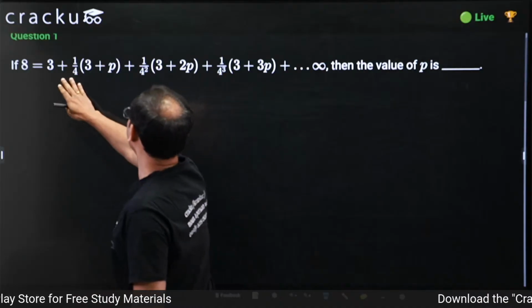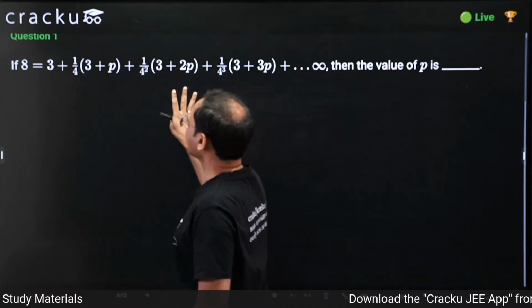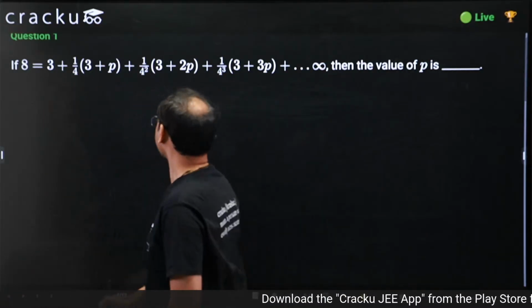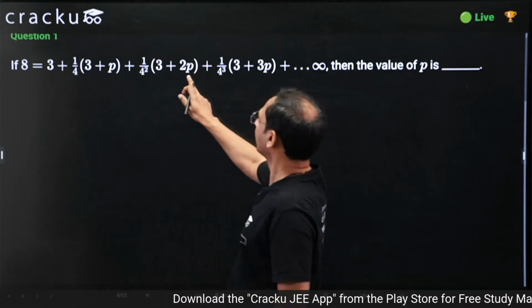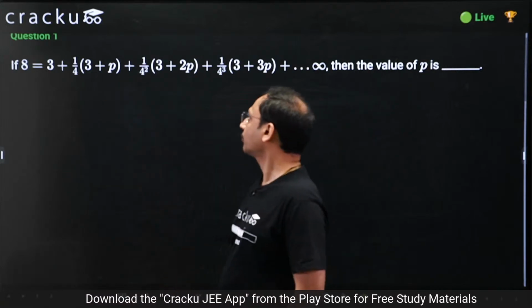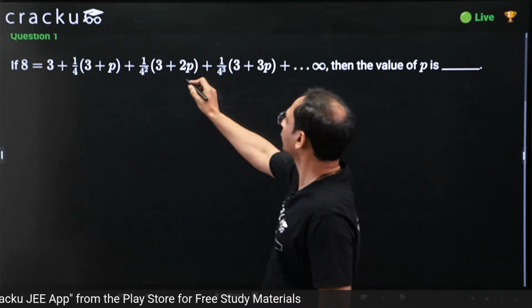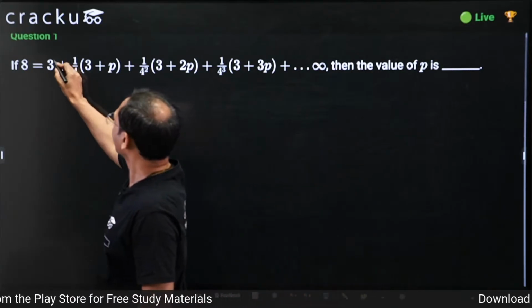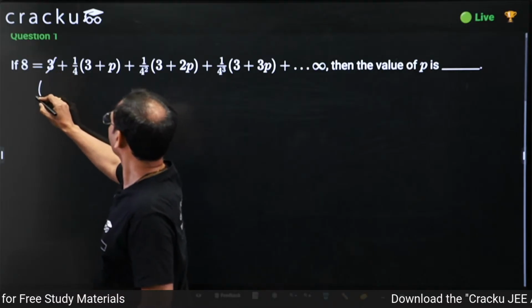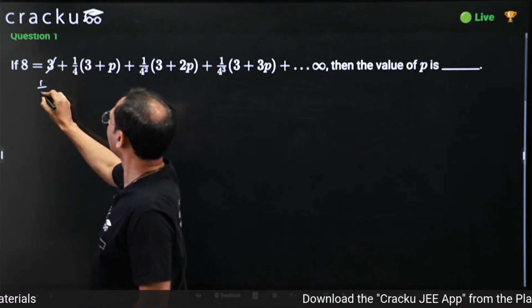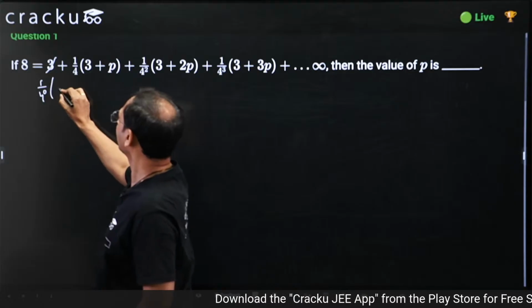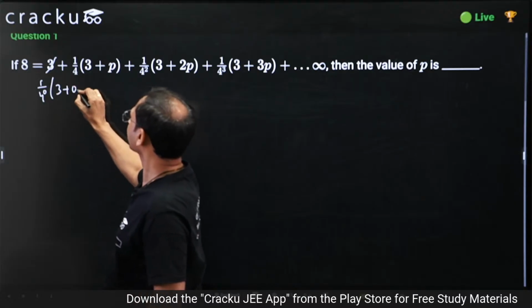So he has given us an infinite series and is saying that the sum of this series is 8. We need to find the value of this particular P. If you observe, in each and every term, we have sum of two terms. This one I can write as 1 by 4 power 0, which is 1, into 3 plus 0p.